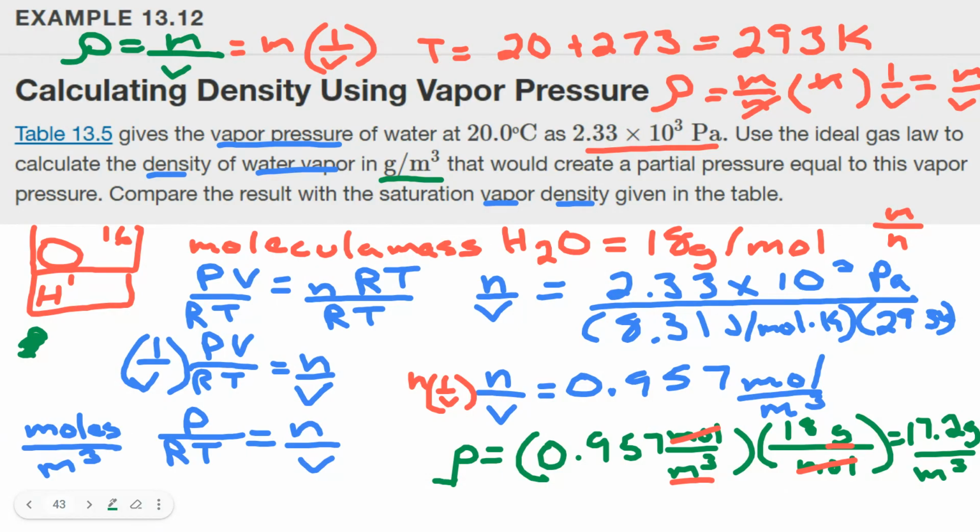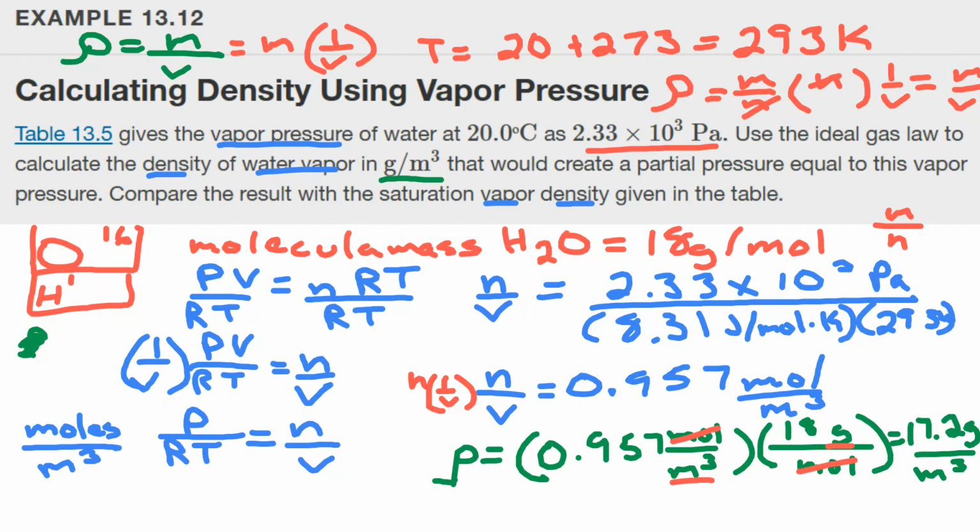So it seems like a lot, so what I always like to do at the end is double check. Using the table, that gives us the vapor pressure for water at 20 degrees Celsius as 2.33 times 10 to the third pascal. Use the ideal gas law to calculate the density of water vapor.